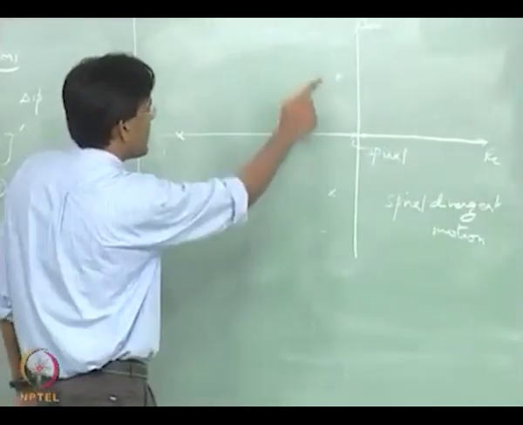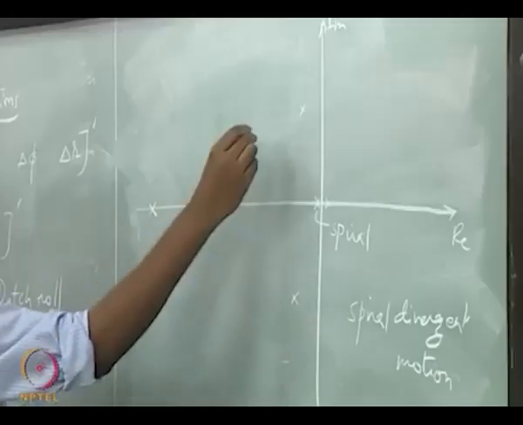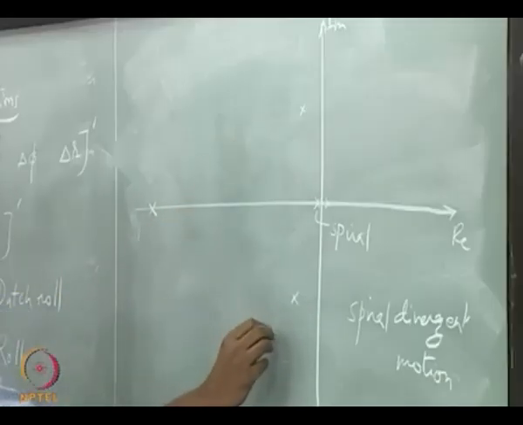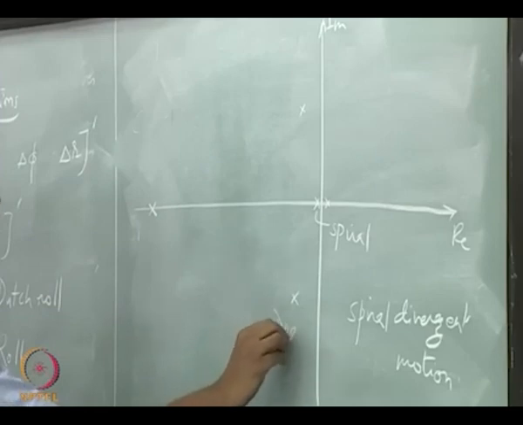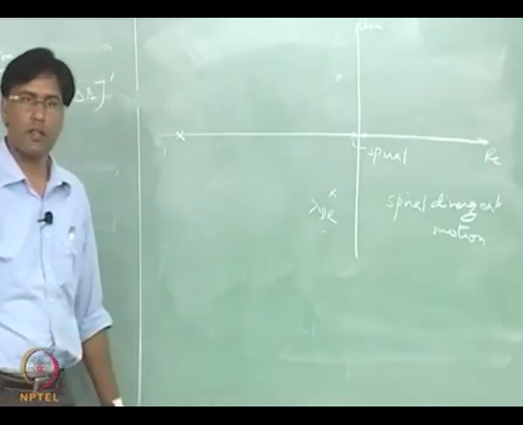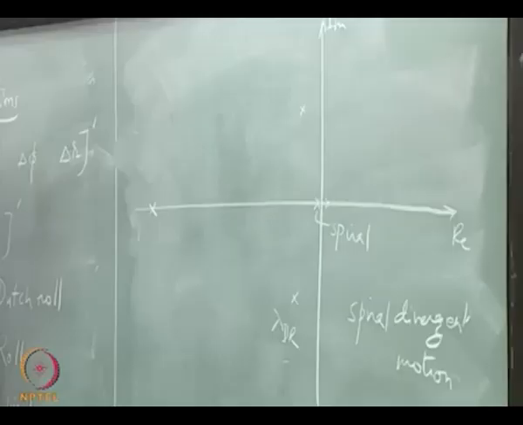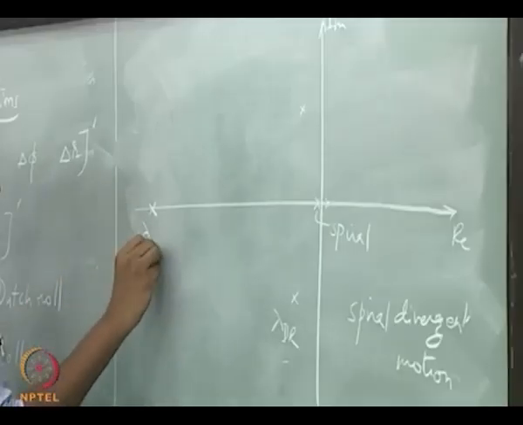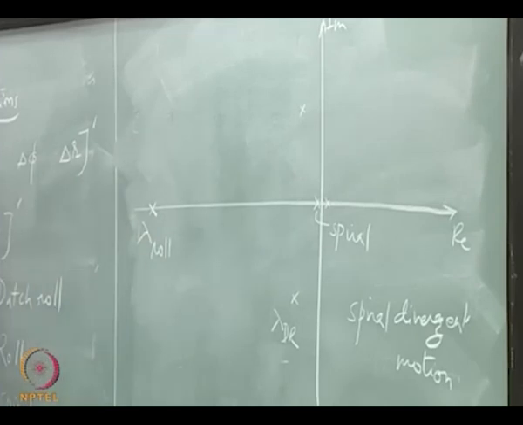This pair of complex conjugate eigenvalues is related to the Dutch roll motion, okay. And this eigenvalue is related to the roll mode.